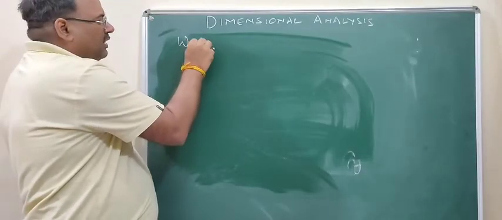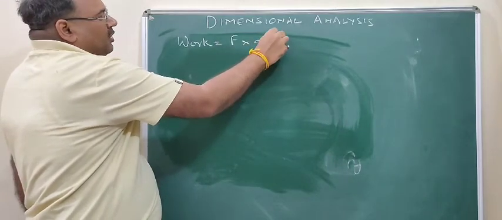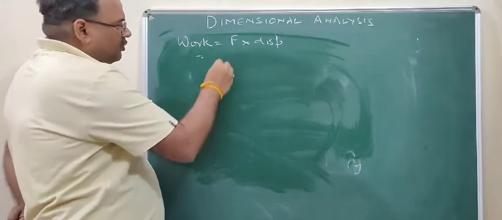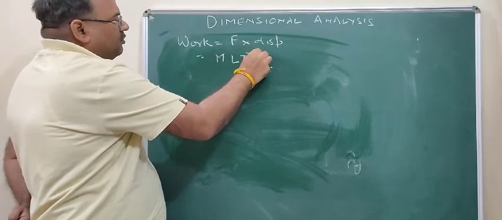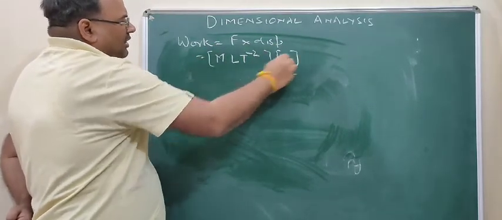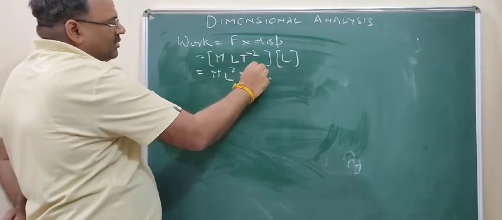The next one is work. So formula for the work is force into displacement. Now we had found out the dimension for force. Dimension for force was MLT minus 2 and displacement L. So the dimension of work will be ML square T minus 2.